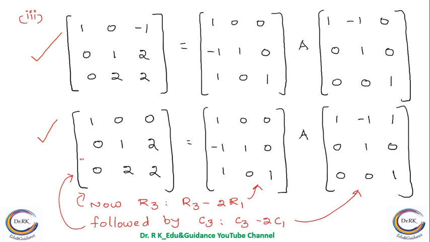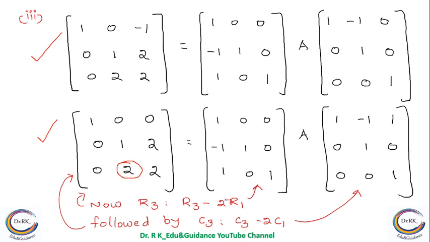So next, recall what we have done in the case of echelon form. The first elements are over. Now we try to convert this into 0. So here the operation is R3 minus 2R2, actually.